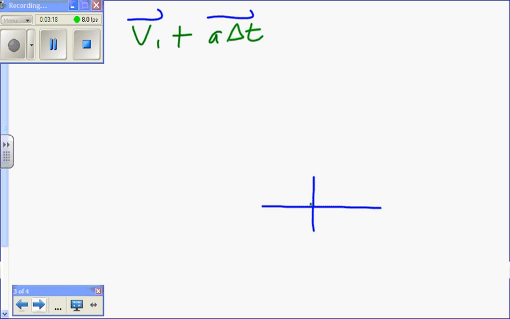Sketching V1 right now. V1, again, is 20.83, 26 degrees west of north. So north 26 degrees west, like so, and this will be 26 degrees. Okay, and here's my 20.83.